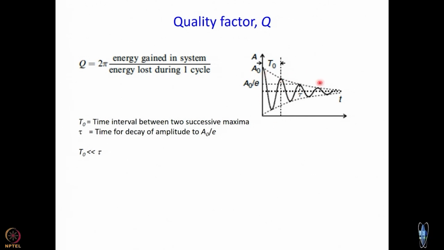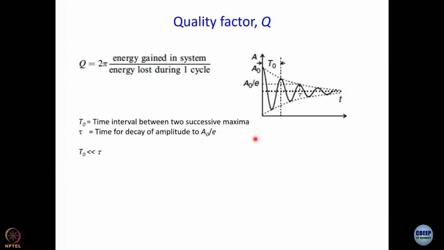So, something like this, you have an oscillation and there is a decay, and this figure here is not really to scale. It is not to scale, because this T0 that you see, T0 is basically the time difference between two maxima, time interval between two successive maxima, and tau is time for decay of amplitude from A0 to A0 by E. Does that ring a bell?